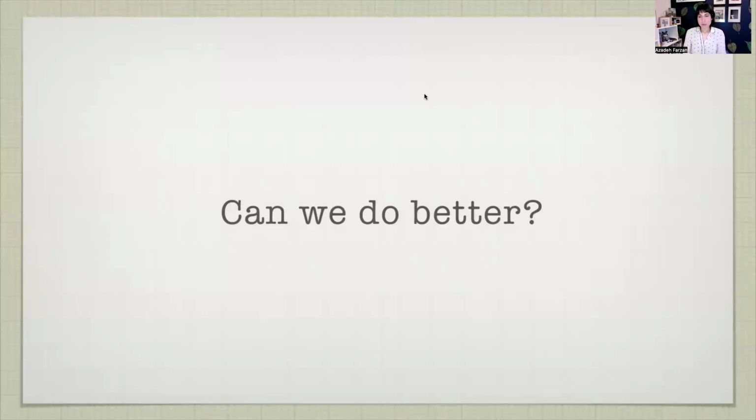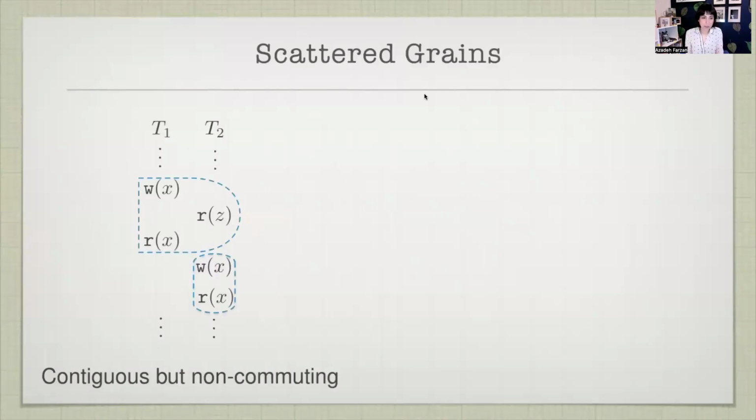So once this worked out, we asked ourselves, can we do better? And this comes from a very simple, obvious observation that contiguity is a bit of a downer. So I'm here in a context like this. I really care to group the write and read of X together, because that would give me the power to reorder it against the other write and read.